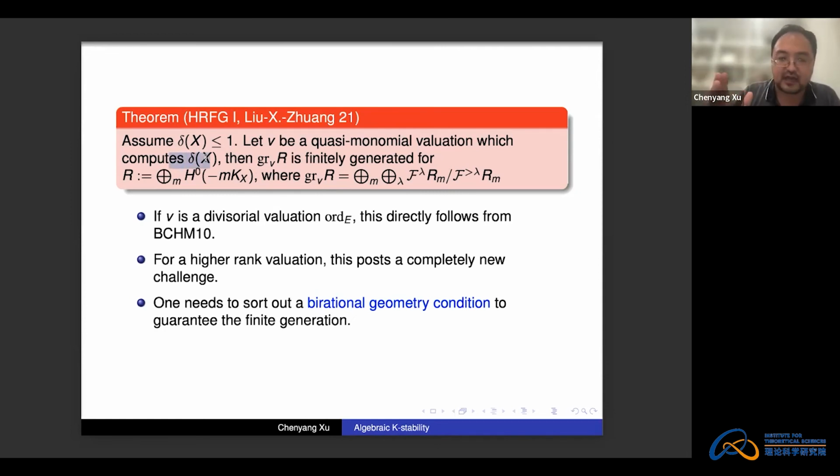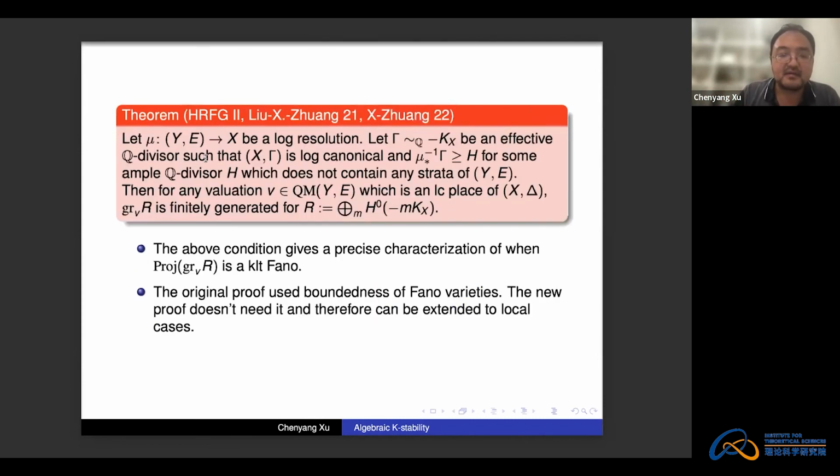So we have to sort out what the birational geometry condition is. The original way for the divisorial case is that the valuation is an lc place for some complement, but that's actually not enough. Being an lc place of a complement is enough for a divisorial valuation to have a finitely generated associated graded ring, but it's not enough for a higher rank valuation.